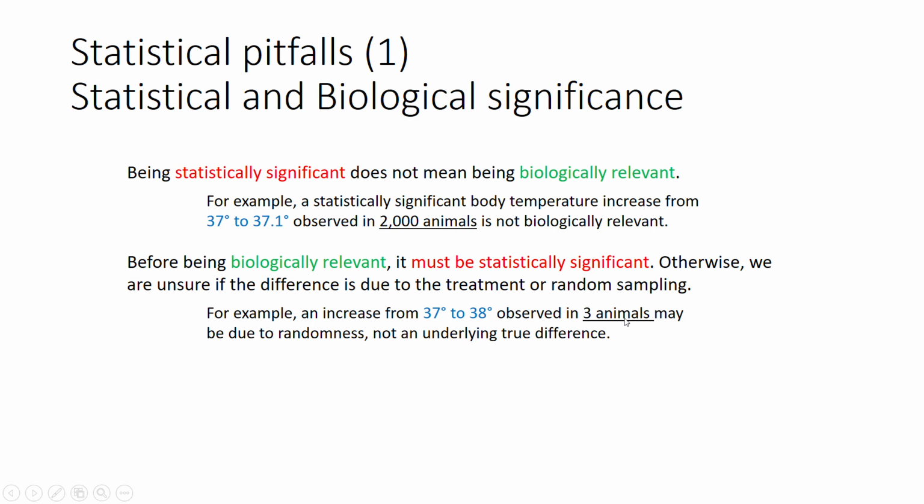So how do you know this difference is a true difference, or it is just because of noise? So before being biologically relevant, it has to be statistically significant. The opposite is not true. Being statistically significant does not mean that it is biologically relevant.